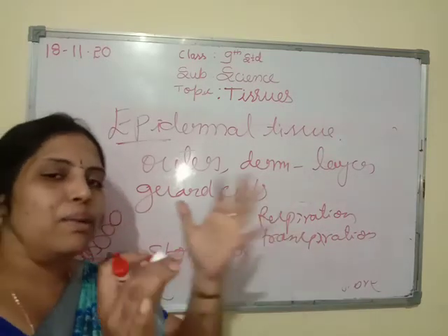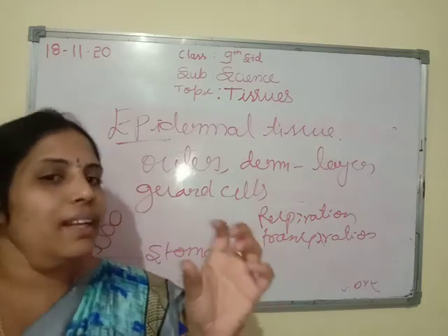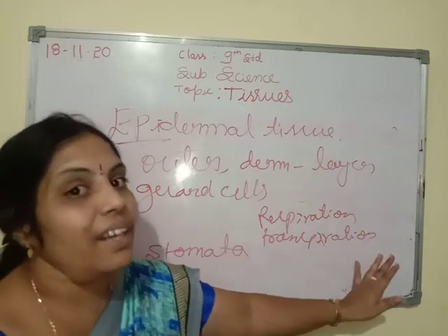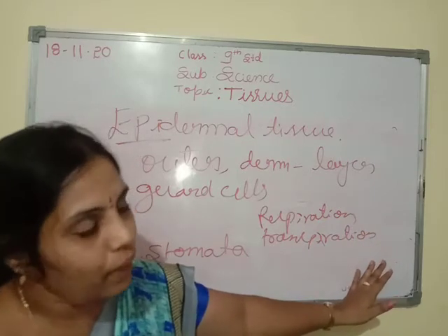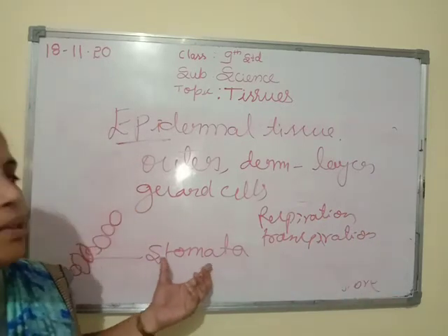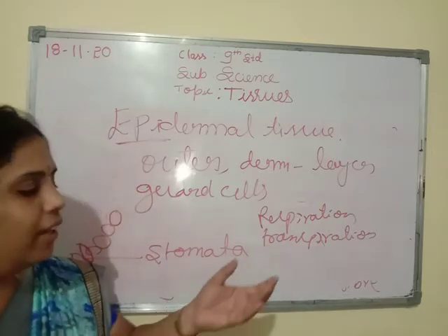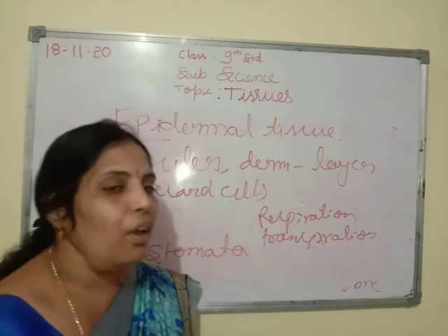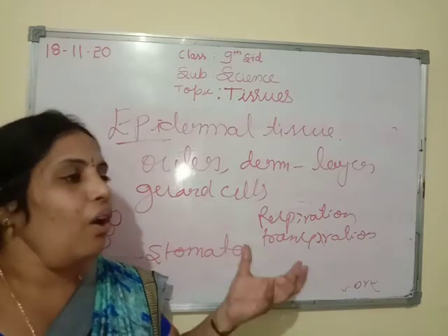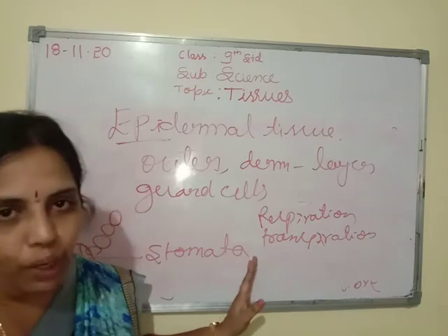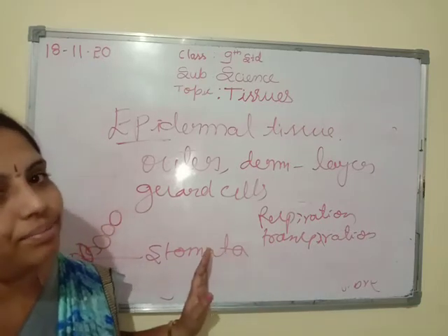Uncountable stomata are there. These are tiny pores that help in respiration and transpiration. These stomata are also present in the soft body of the cells. If you take the leaf, or any stem or root, any kind of plant body, it has stomata.